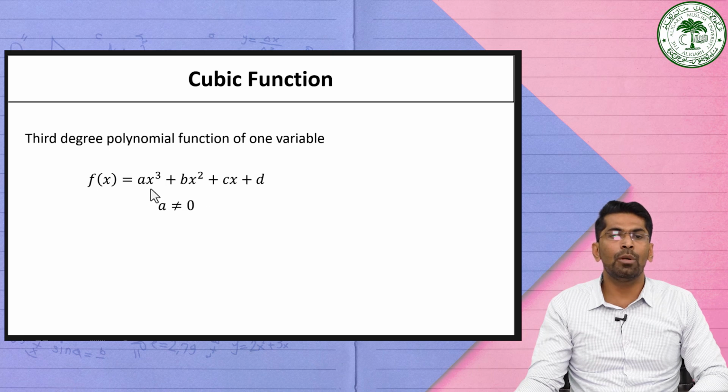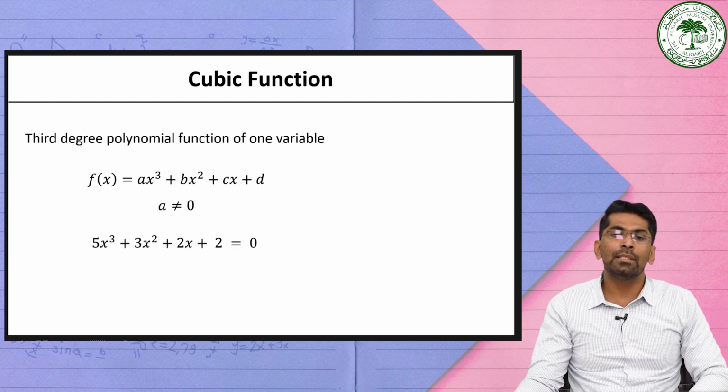If a is equal to 0, then this entire term ax³ will become 0. Then the remaining function, that is bx² + cx + d, will become a quadratic function. So here we should assume a is not equal to 0, and f(x) is the output or the dependent variable and x is the independent variable. a, b, c, d are the constants, where a is not equal to 0.